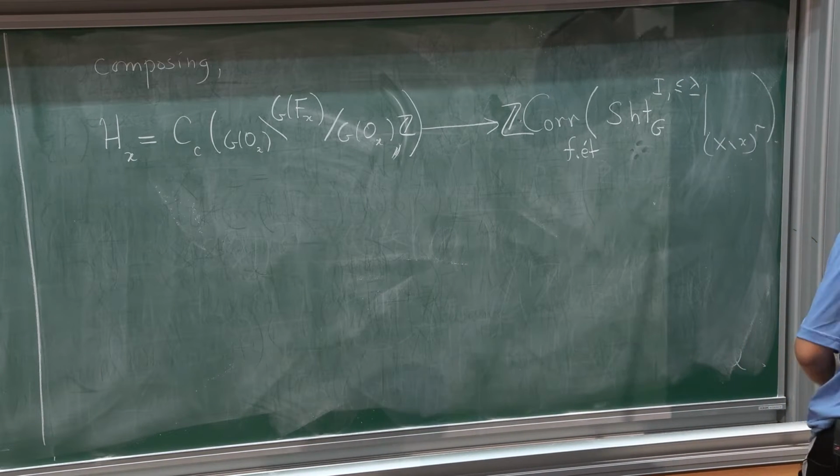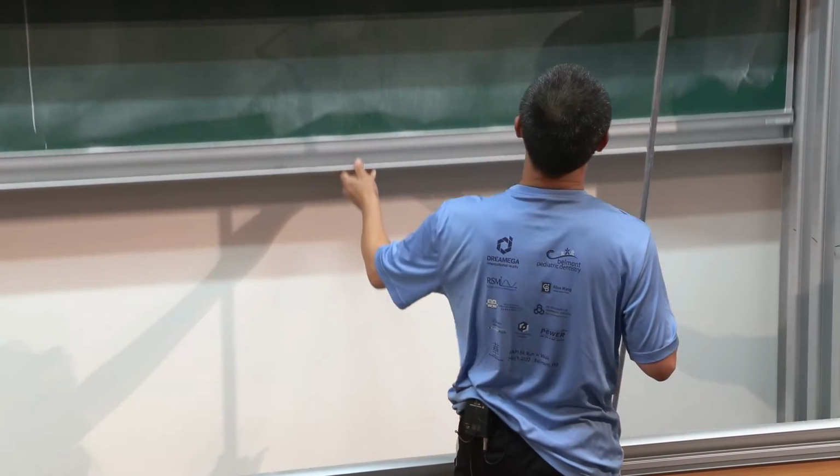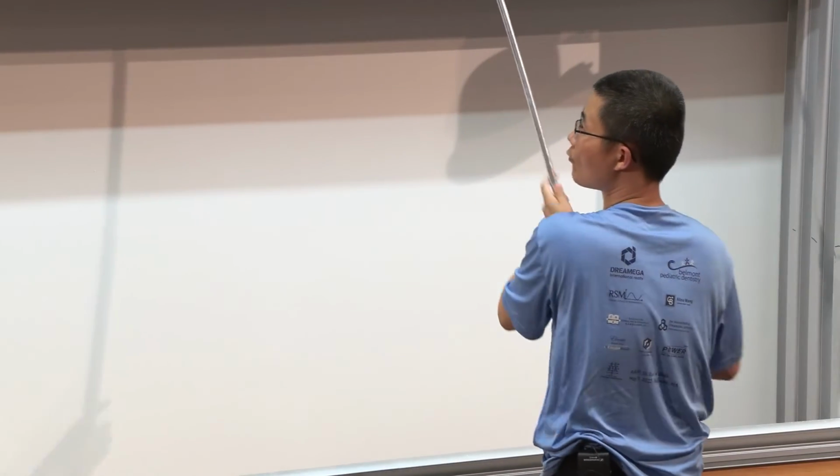What's really new in the Shtuka case is there's another construction called partial Frobenius.